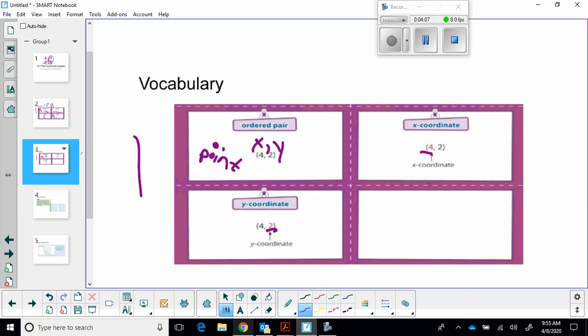And I will tell you this, Adeline is 6th grade. Just this morning, she was working on reflection on a coordinate grid. When you reflect, it's like a mirror image, and it was asking questions about what changed. So that x coordinate and that y coordinate terminology was important for her to know today.